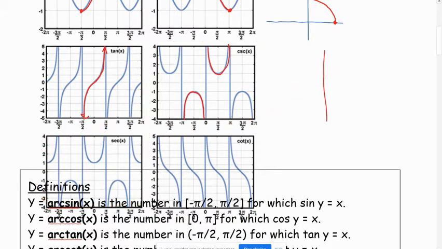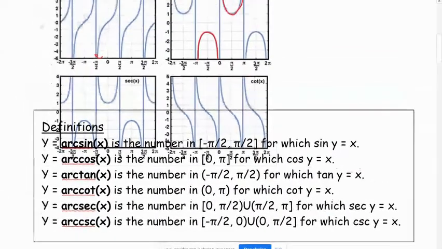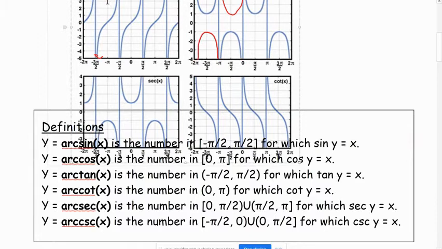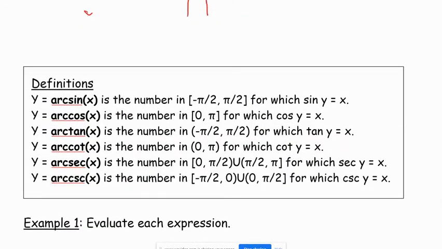And so we see those restricted domains here. Let's see, my page got a little bit compressed, so let's see if I can move this out of the way. Okay, so we see these are the accepted restricted domains from the original function.